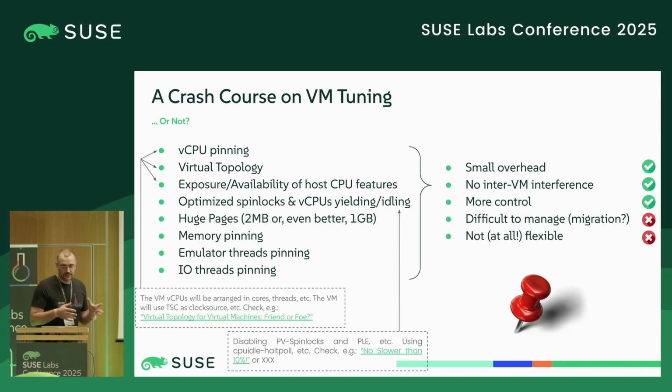So yeah, we can enact a bunch of measures, which is to statically pin the virtual CPUs of a VM on physical CPUs. We, for example, remove all the latency and potential performance penalty, both in terms of absolute performance and also variability, that comes from scheduling at the host level.